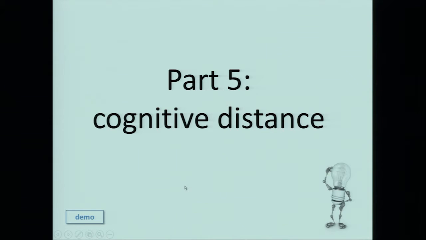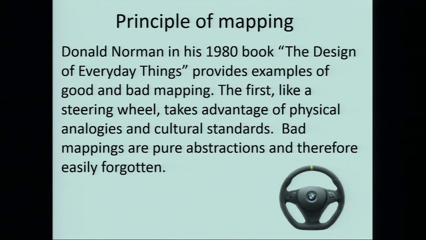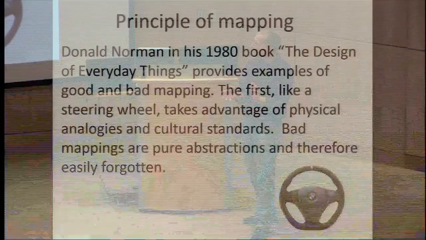I think I'm gonna push ahead without the demo right now. So there's this guy named Donald Norman who put together this book in 1980 called The Design of Everyday Things. And it's a nice idea that those sorts of tools, those sorts of handles that take advantage of physical analogies and cultural standards are easier for us to remember and take advantage of than those that are pure abstractions.